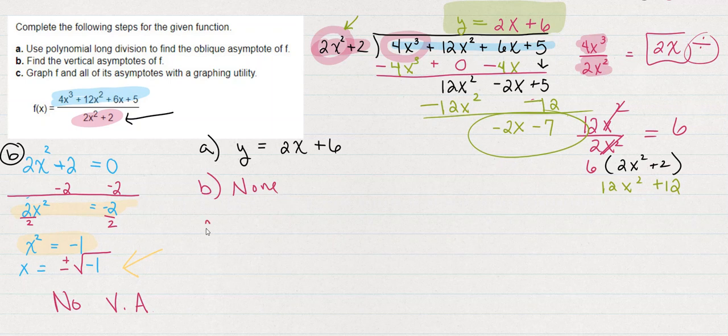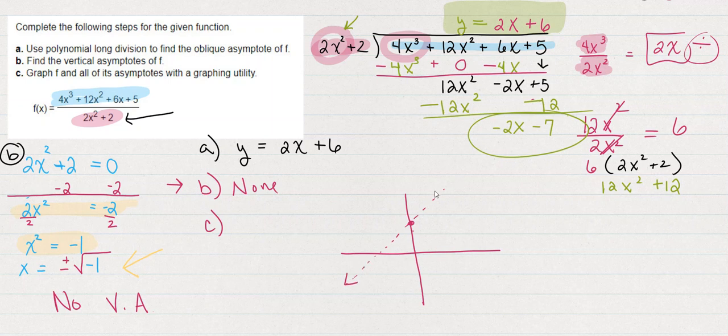Finally, for part C, if I wanted to graph this, and it is multiple choice, I don't have the multiple choice options here, but here's what I would be looking for in those options. I'm looking for an example that does not have a vertical asymptote, but that does have this asymptote y equals 2x plus 6. If I were to graph y equals 2x plus 6 as an asymptote, I'd get something somewhat like this.